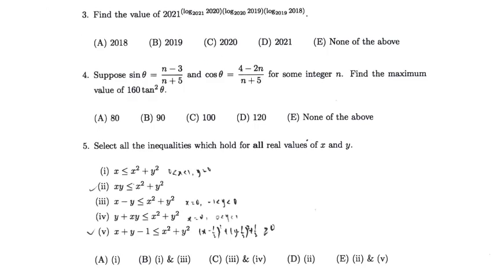Singapore Mathematical Olympiad SMO 2021 senior section first round, problem number 3. Find the value of this term. Let me tell you at first the definition. With the definition, you can solve this problem. Log x in base b is the number that, if we raise b to the power of that number, we reach x.